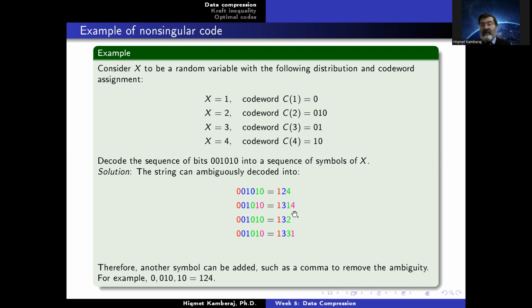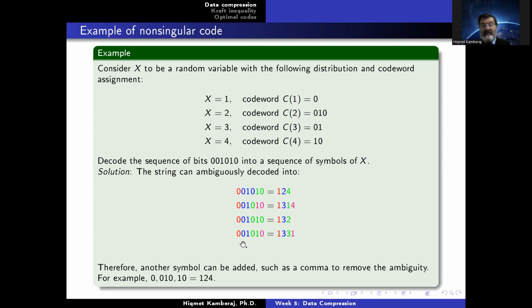We can probably also go in this way. On the third row, we decode again 0 as 1. Then we decode 0, 1 as 3, as shown in blue. Then 0, 1, 0 as 2. And we get 1, 3, and 2 as a sequence of symbols of X. Or we could have gone in this way.